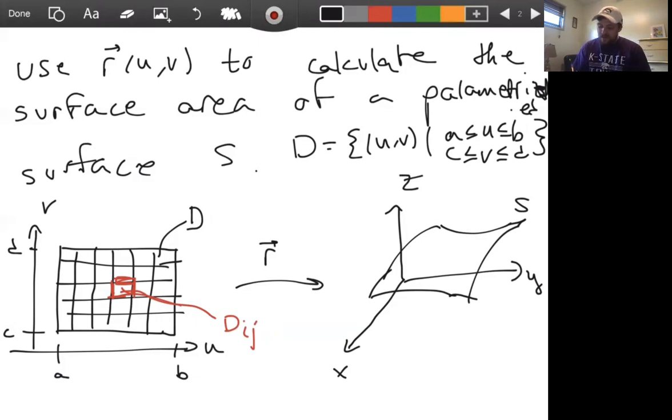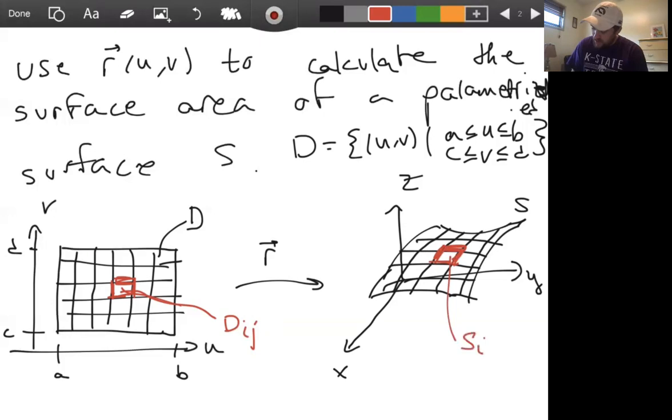The partition of our domain into these rectangles gives us a grid system over the surface, Sij. And we can look then at the subparallelograms generated by being the image of this Dij.